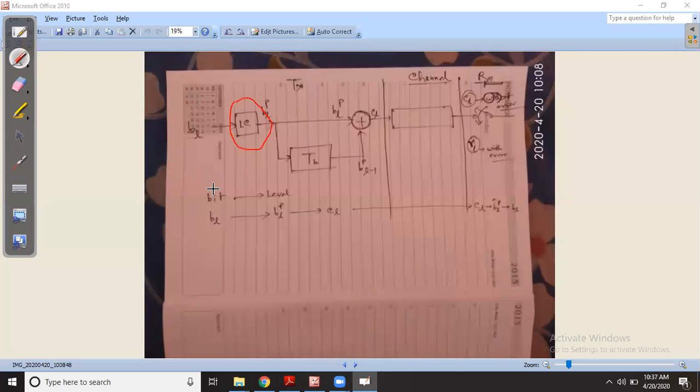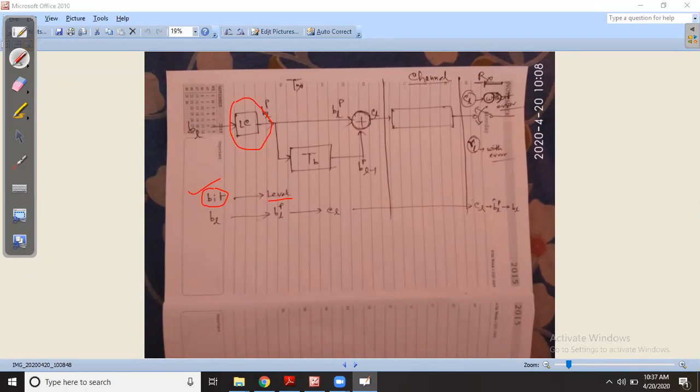Listen carefully. We know that we have bits. We have generated some bits which have to be transmitted. Before transmitting, all the bits should be assigned some voltage level, normally called the level.